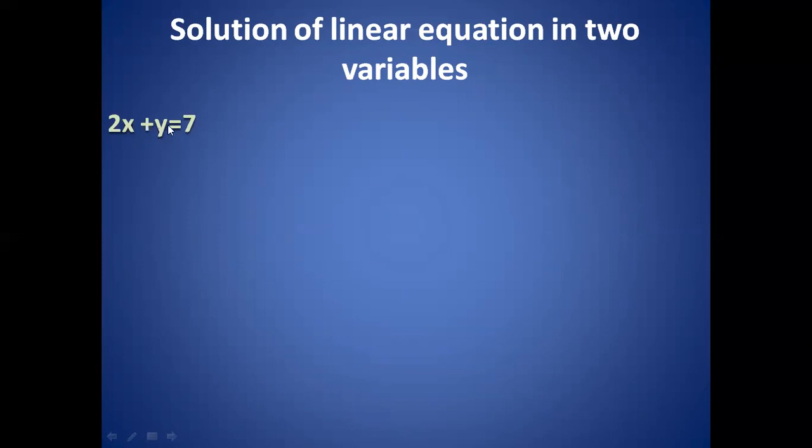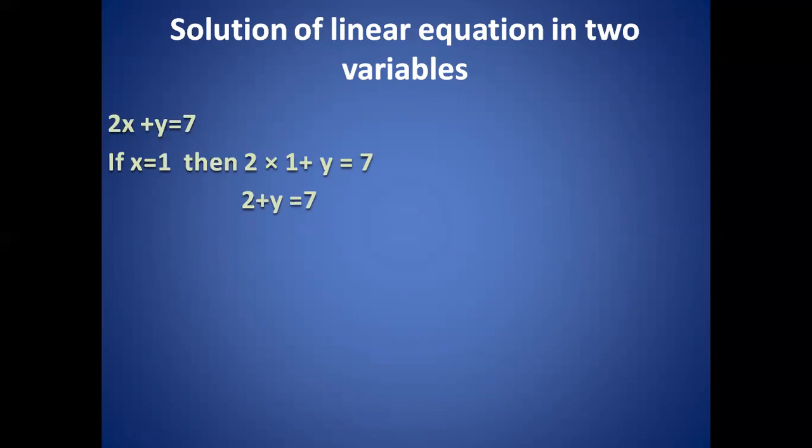Or you can put any value for y and you have to find the value of x. Now if I put x is equal to 1, then the equation becomes 2 into 1 plus y is equal to 7. That is 2 plus y is equal to 7. 2 into 1 is 2.